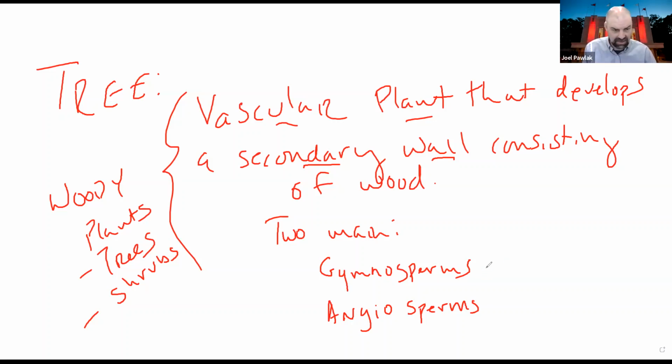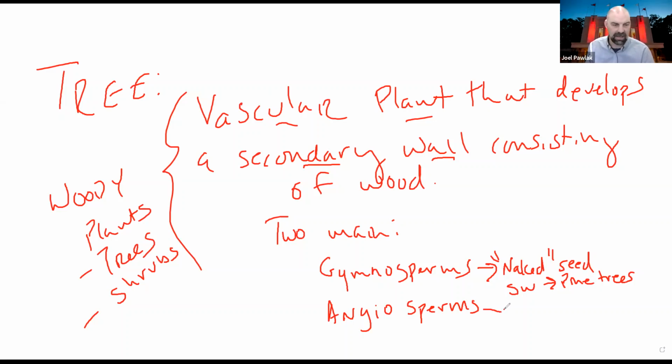So a gymnosperm is what we call a naked seed. Okay, so it's a naked seed. These are your softwoods, right? So, if you will, your pine trees. And you think about pine trees, you think about pine cones, right? So pine cones, you can open up this pine cone and you can find the seed just comes right out of that pine cone. The seed is not covered by anything.